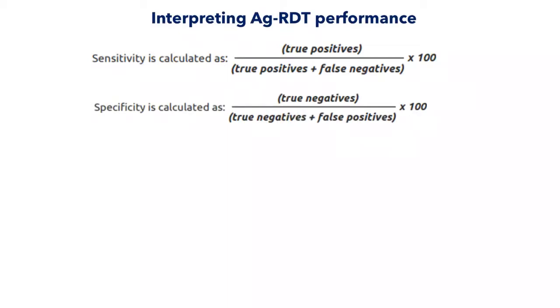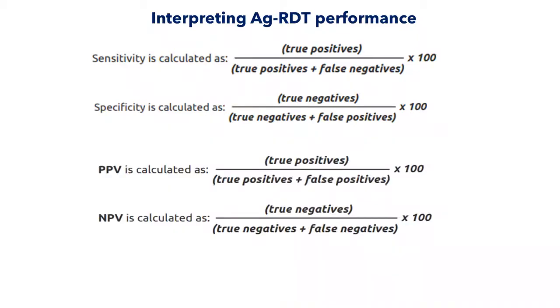And specificity is the percentage of negative cases by PCR reference tests that are also detected as negative by the antigen rapid detection test.